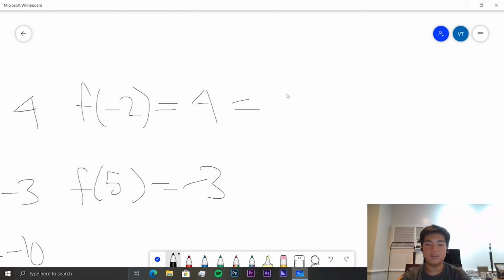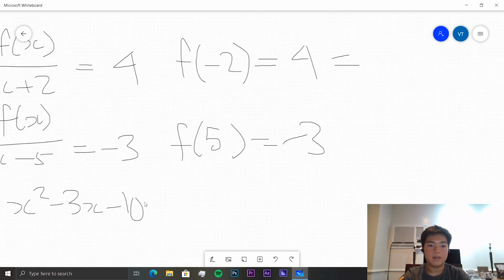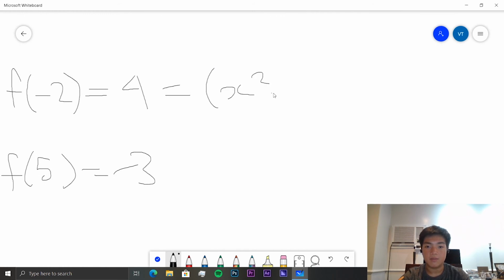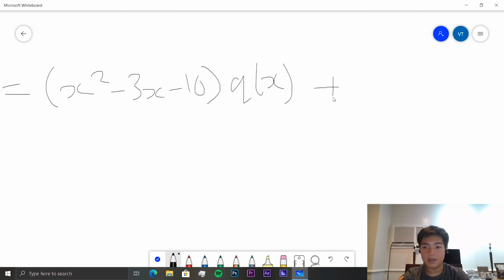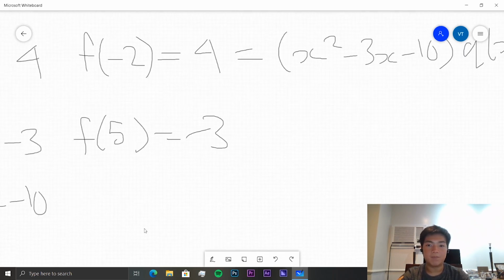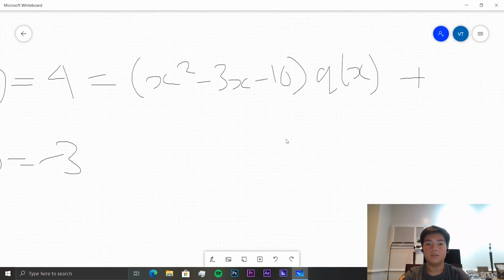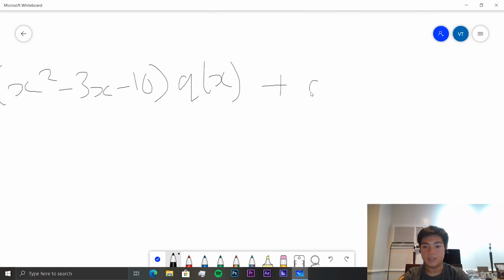f of negative 2 is also equal to g of x, which in this case is x squared minus 3x minus 10 times the quotient, whatever that quotient happens to be, plus the remainder. And since this function here is of order 2, we know the remainder must be linear, since anything above the linear will be eliminated by division.